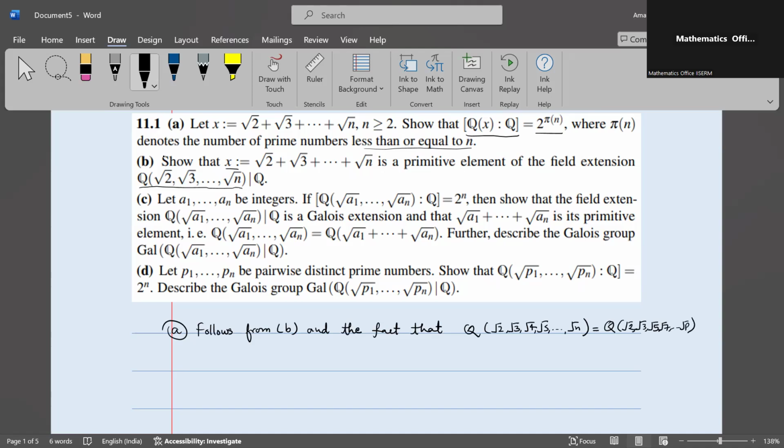Why is this so? Since m is less than or equal to n, if m is not prime, then m can be written as a product of primes which are less than or equal to n.